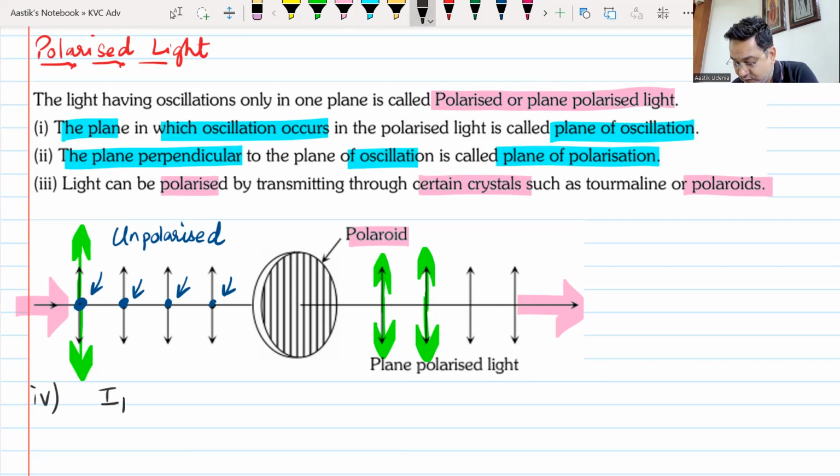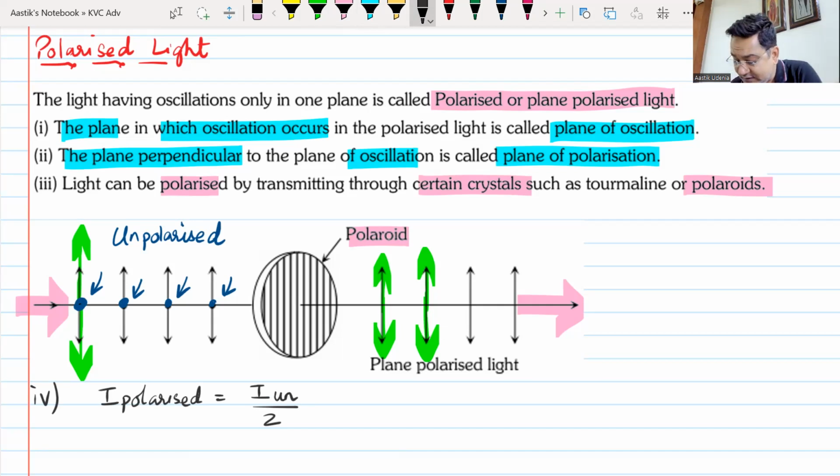One more point you will have to remember: the intensity of the polarized light becomes the intensity of unpolarized light divided by 2. You can think of it in this way. One component of oscillation has been removed, so the intensity becomes half.